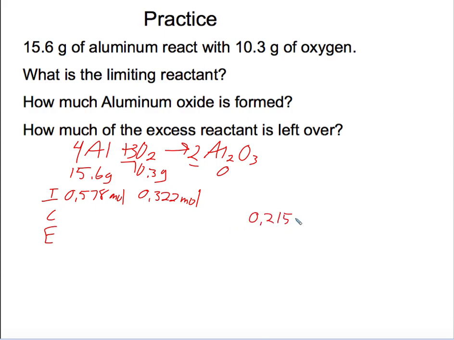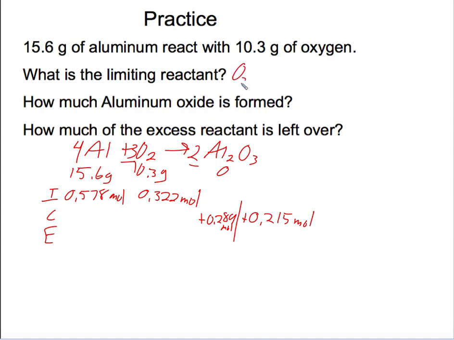I'm going to put that on the right side here. My aluminum 0.578, I'm going to take it times 2 divided by 4, or divide this by 2. Your change for aluminum is going to be 0.289. So because 0.215 is smaller, that makes oxygen my limiting reactant.